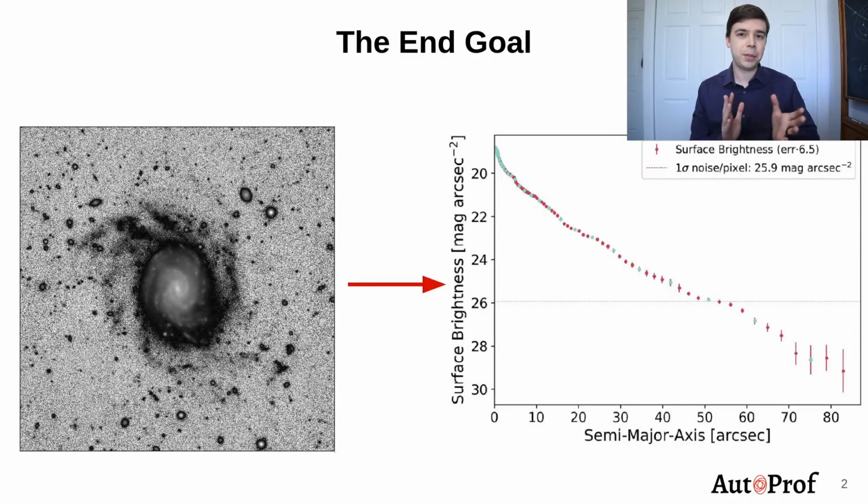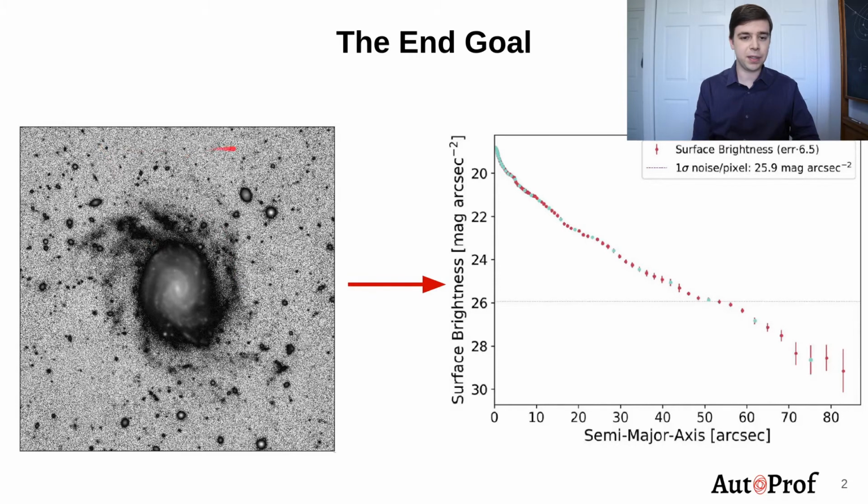Now, we have to talk a little bit about the ultimate goal of the AutoProf code. What we wanted to do was create a package which could very quickly get people from data to results. So it can work directly from an image of a galaxy. In this case, we have a really good example where there's a single galaxy that's the dominant object in the image.